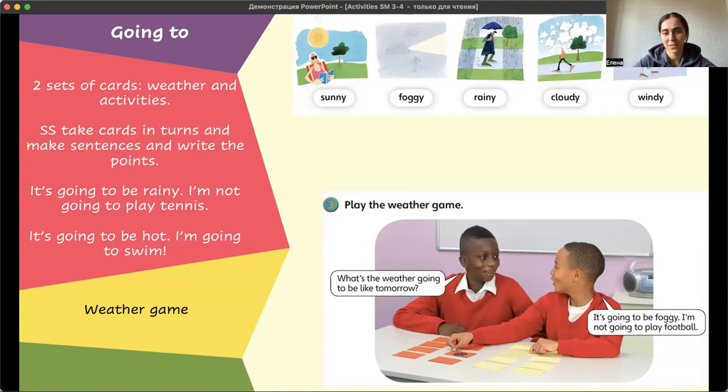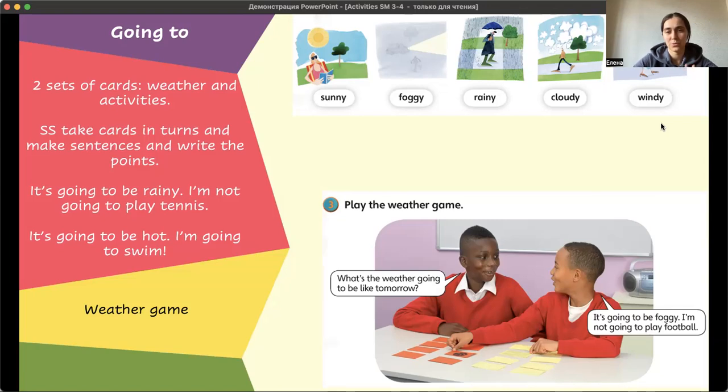And as we see in this picture, students turn the cards and make sentences. For example, it's going to be rainy, I'm not going to play tennis. And the next student opens and says, it's going to be hot, I'm going to swim. And then they count the points for the correct sentences.